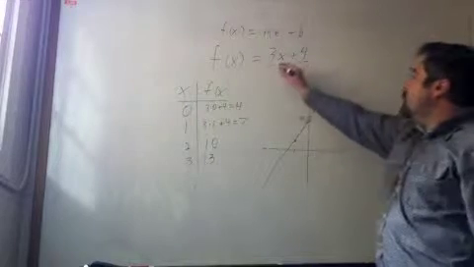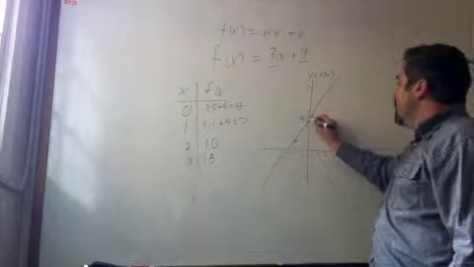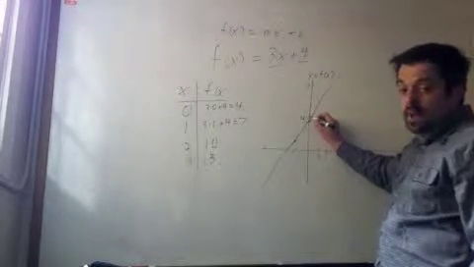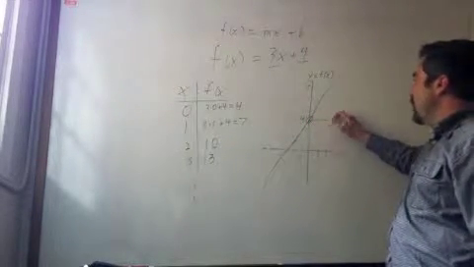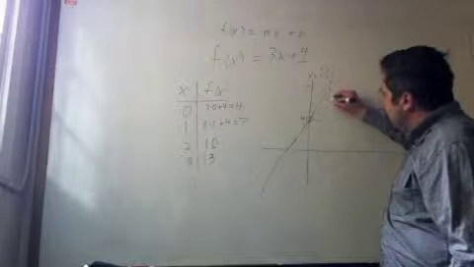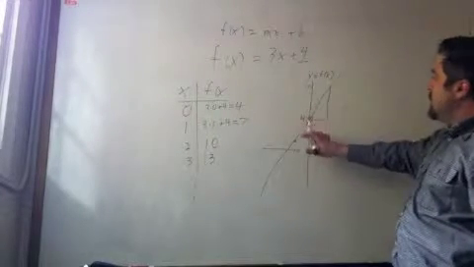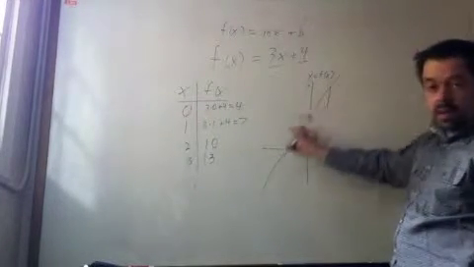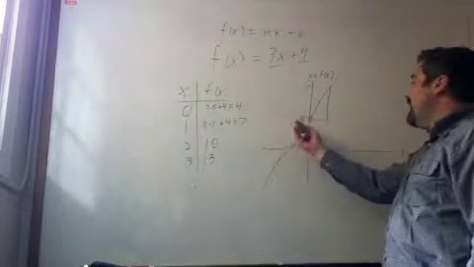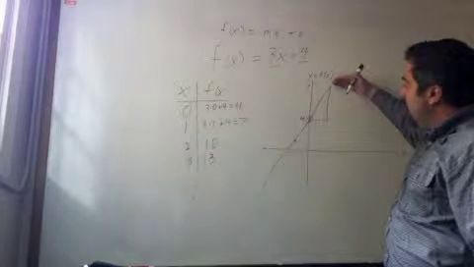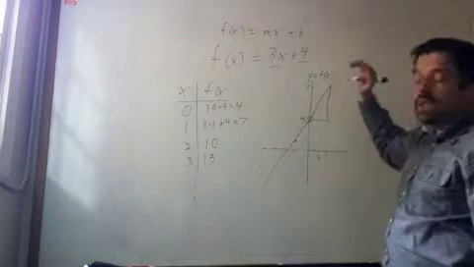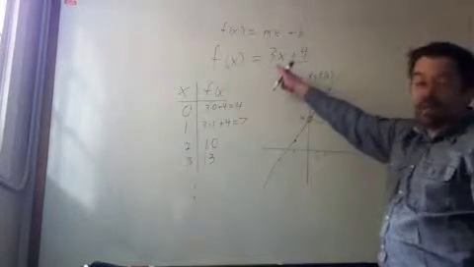Now you'll notice, where does the 3 come in? Well, notice as I start at x equals 0 and 4, and then I move over to x equals 1 and go up to 7, that's actually telling me what we call the slope of this line. This tells me that when I increase x by 1, notice I increase y from 4 to 7, which means I increase y by exactly 3.